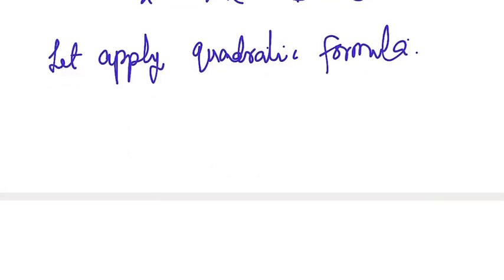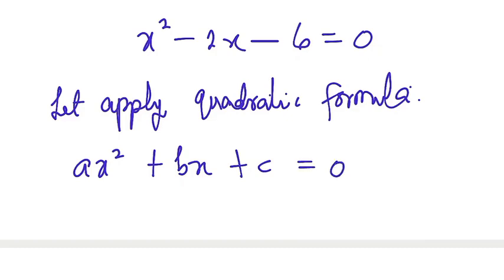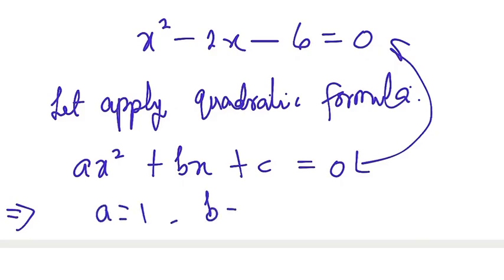If you want to use the quadratic formula, what we are going to do is relate this quadratic equation to the general quadratic equation, which is ax squared plus bx plus c equals 0. And according to this, when you compare this with this, a will be 1, b will be minus 2, and c will be minus 6.